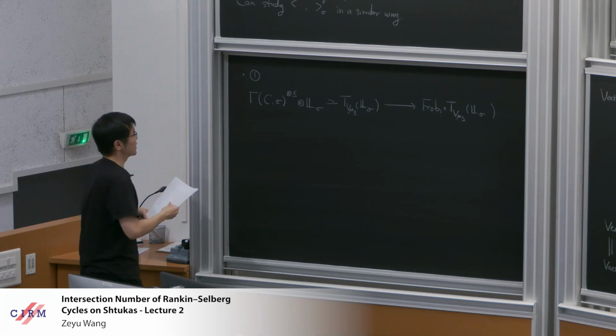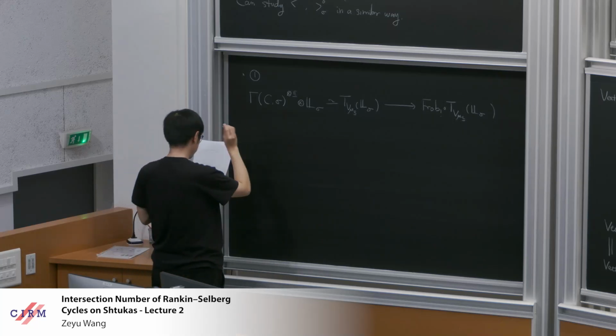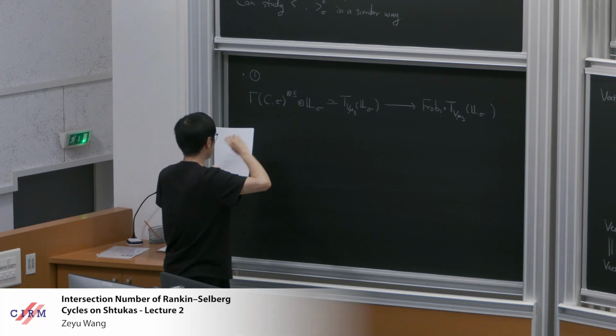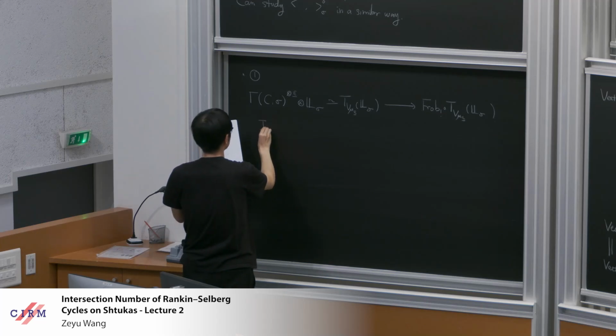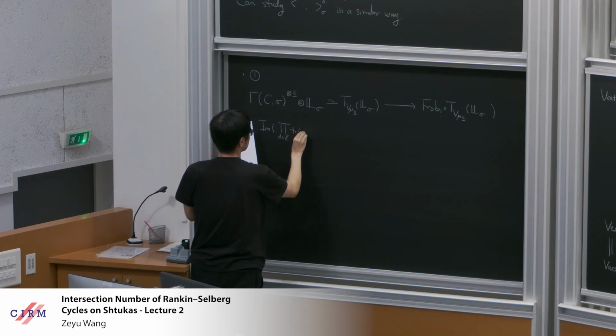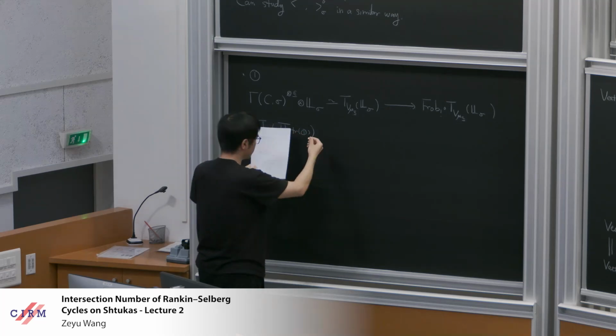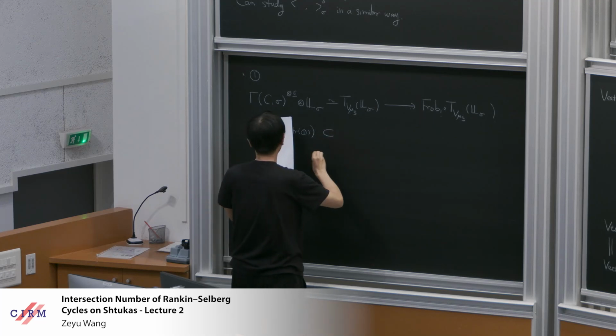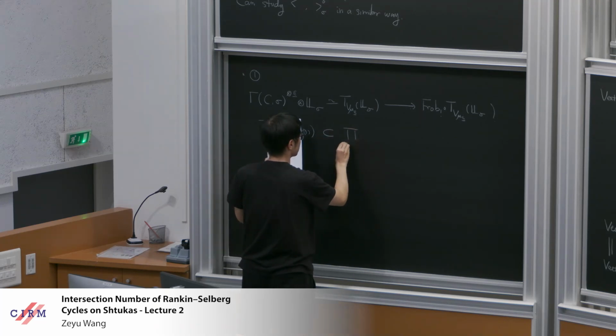So that's one, and you want one to satisfy that the image of the trace of one is equal to the sigma isotypic part, but it's mostly formal from the construction. Okay, it's not mostly formal; it's just formal.